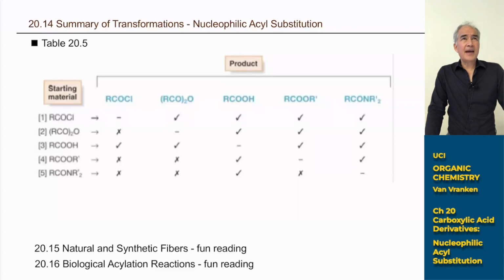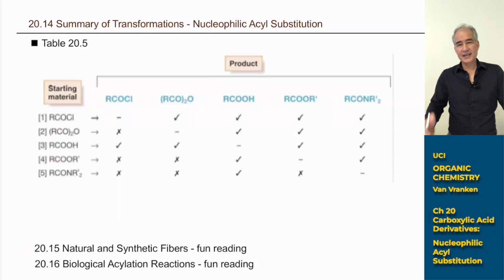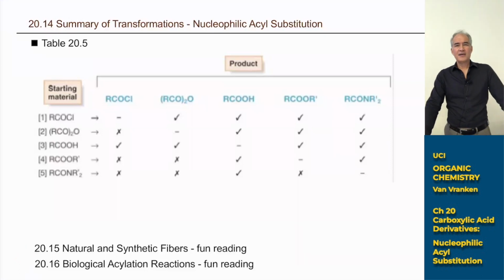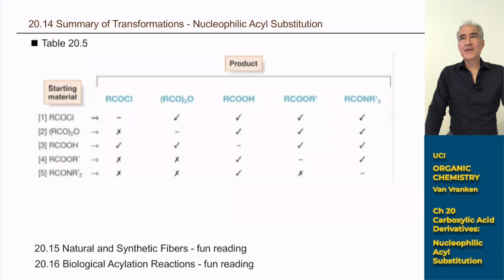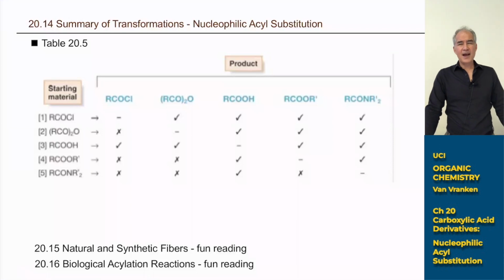Now, the end of the book has two additional sections, one on natural and synthetic fibers, like nylon, which is an example of an amide polymer. I'm not going to ask you about that. It's cool to read about it. And the book also talks about biological acylation reactions. So you may have heard of acetyl-CoA when you had to memorize those stupid biochemistry cycles, like the citric acid cycle.